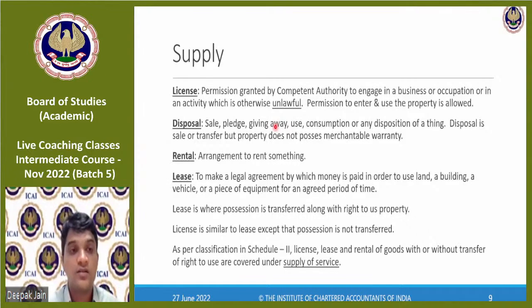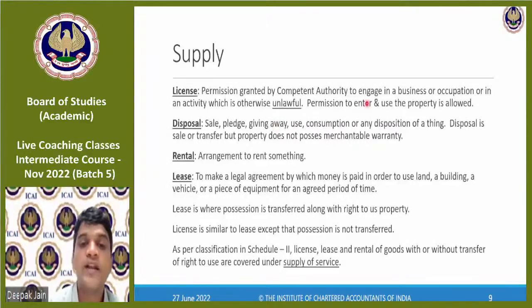Microsoft produces MS Word, or it has this Microsoft Office package. If it gives it to somebody, it becomes unlawful, but it has a licensing agreement to give it on license. So it becomes a lawful activity. That is an example of license.